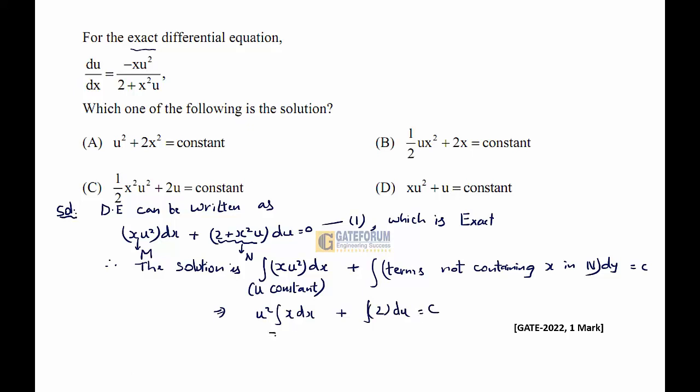This implies u square times x square by 2 plus constant integration with respect to u, 2u, is equal to c. This c stands for constant. So the solution is half times x square u square plus 2u is equal to c. Accordingly, the option is C. This is end of the question.